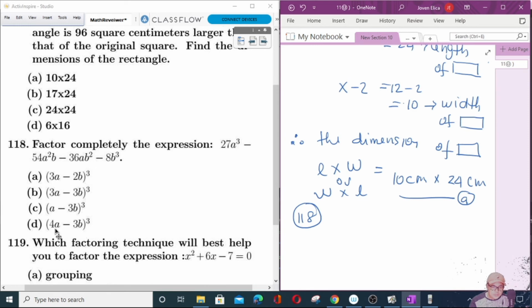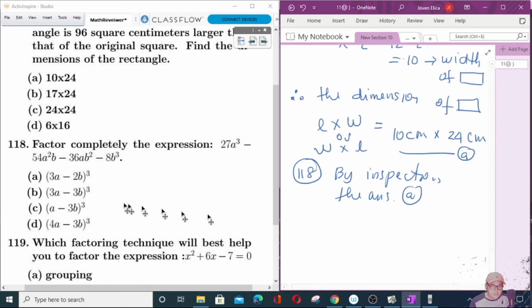4 also is 4 times 4, 16 times 4 is 64. It's also not possible with the first term of the given. So by inspection only, the answer is letter A. And then you can verify it by multiplying 3 times this one. 3 times 3, 9 times 3 is 27.